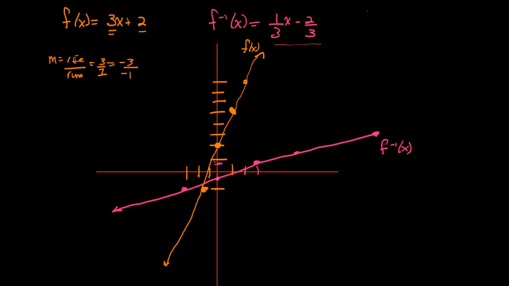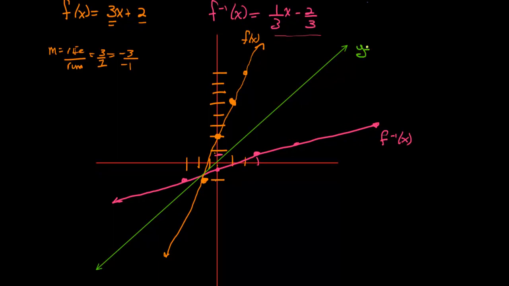One thing that you're going to notice, and hopefully you can notice from my drawings, is that if I go ahead and draw in the line y equals x, let's do it in a different color. Let's do it in bright green. I'm going to draw this using a straight line, here we go. If you look at the line y equals x, hopefully we recognize that there is some symmetry that exists between these two functions.